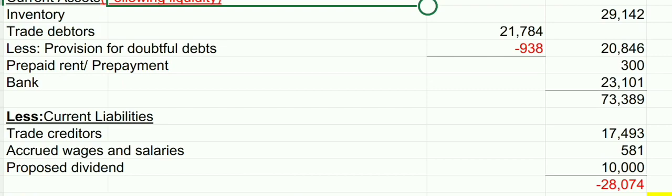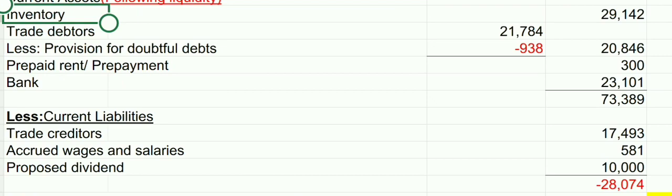For example, inventory, is it easy to change inventory to cash? It's not really easy, because you have to sell the inventory first, then only you can get cash. It's very hard to change inventory to cash. That's why we put it at the top. Trade debtors, you have to wait for your customers to pay back the money, so it's the second place.